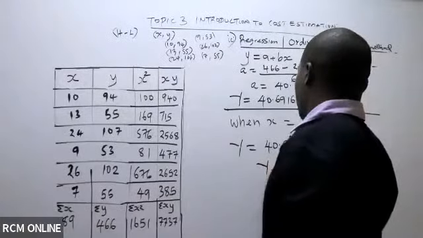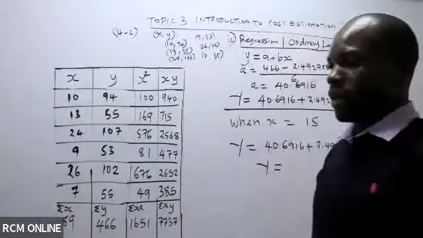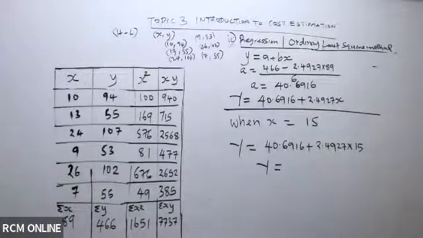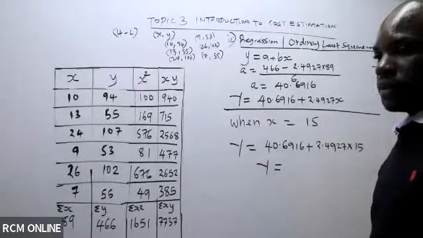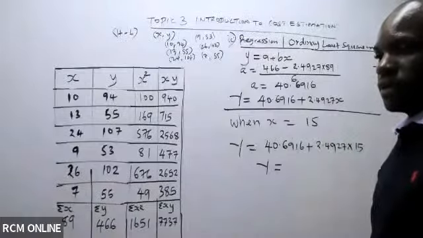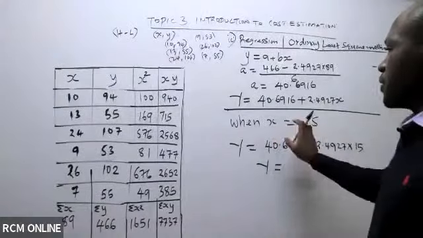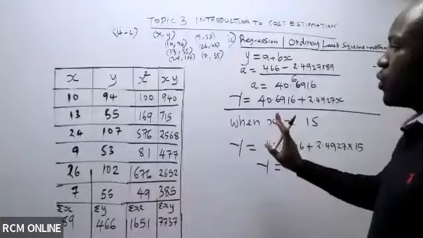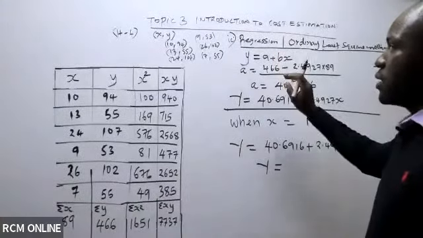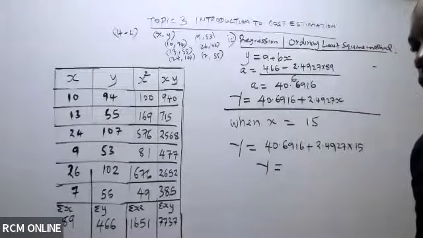So what is the value of y? That is maybe week 7. What are you getting? When x is equal to 15, what will be the value of y? We are trying to compare what we got using the previous method and what you are getting using regression. 78.0821.